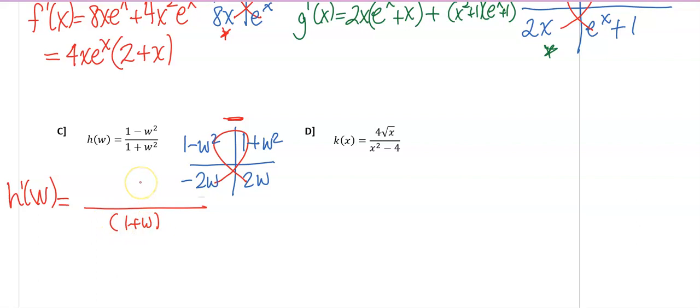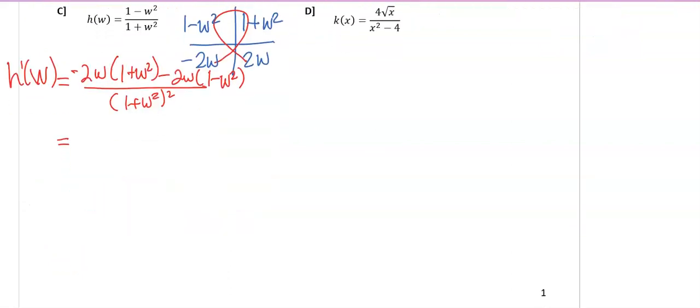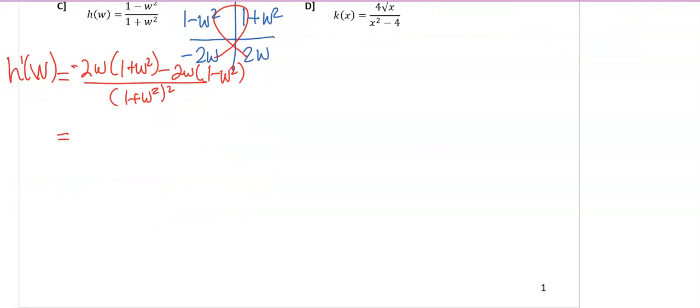So this year, I vowed to always put my denominator first. All right, start from the bottom left, just as before. Negative 2w times the quantity 1 plus w squared minus, I'm out of room, 2w times 1 minus w squared. All right, let's distribute. Something hopefully will happen.